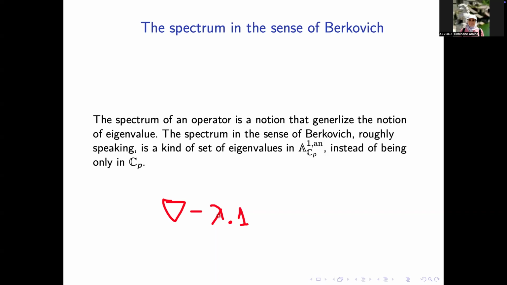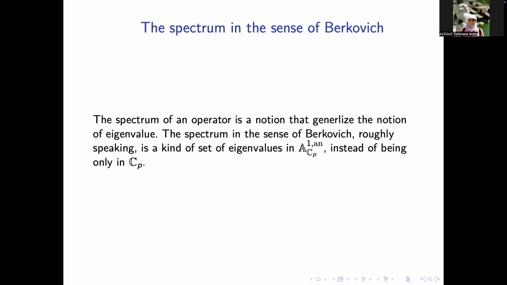Then the classical notion of the spectrum is the set of lambda that belong to the field for which this operator is not invertible. And this is a generalized notion of eigenvalue. For any operator that is defined over a CP algebra, we can define the classical spectrum.